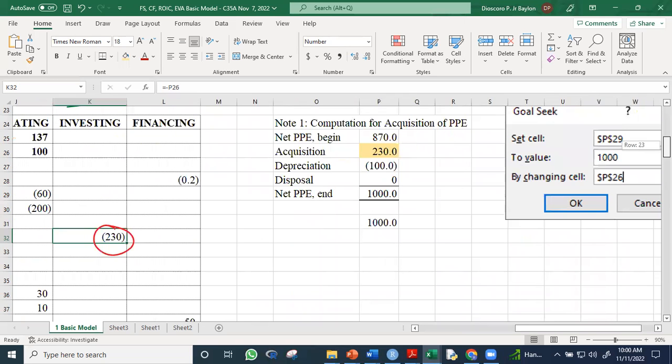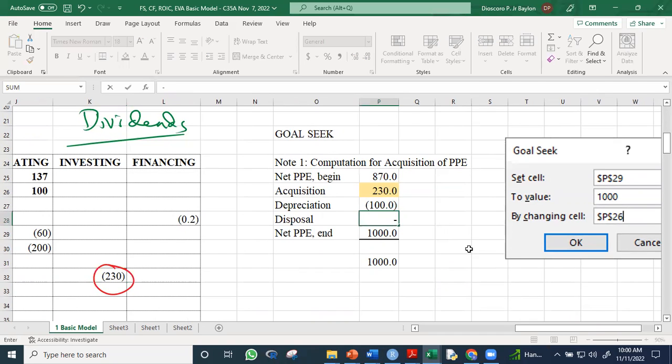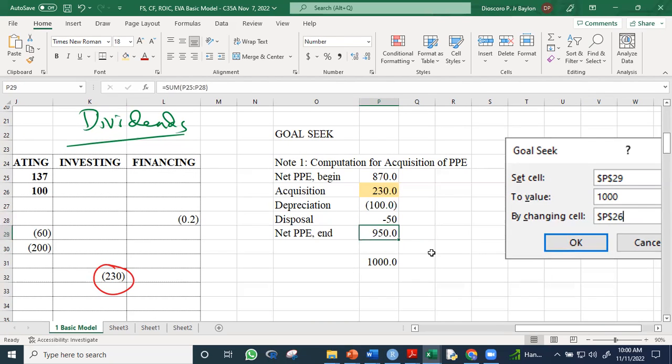We were able to show the computation using the T account method in accounting, and here we have an investment of 230. If there was a disposal, for example, if there was information that 50,000 of the assets was disposed, then it should also be reflected there. So once again, we have to redo this.